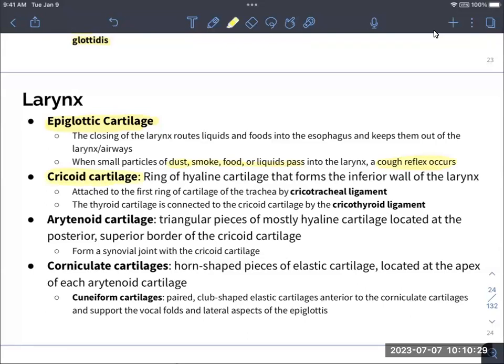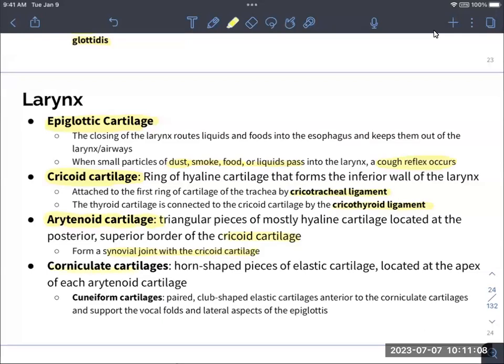The cricoid cartilage is made of rings of hyaline cartilage at the bottom walls of the larynx. It has attachment sites for the cricotracheal ligament and the cricothyroid ligament. The arytenoid cartilages we looked at in the picture before are at the posterior, superior part of the cricoid cartilage, and they form synovial joints with it.